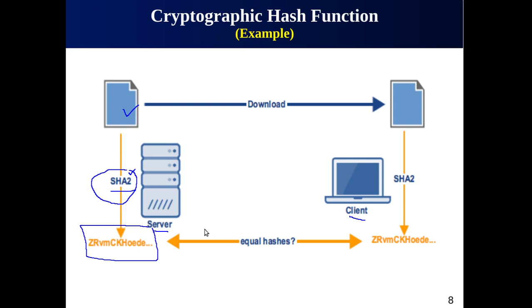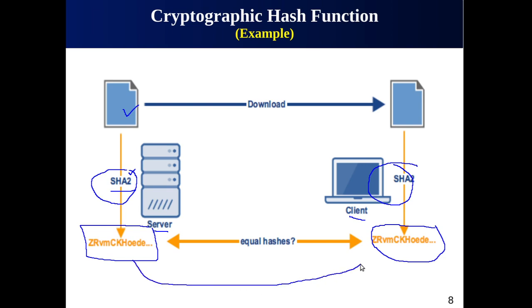Upon receiving the two items, the downloaded file and the hash file, the client will obtain the SHA-2. The client is actually using the same algorithm, SHA-2. So the client first will download the file and then will apply the algorithm and will compare the hash value with the hash value sent by the server.